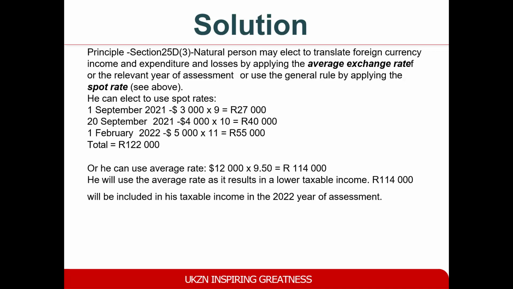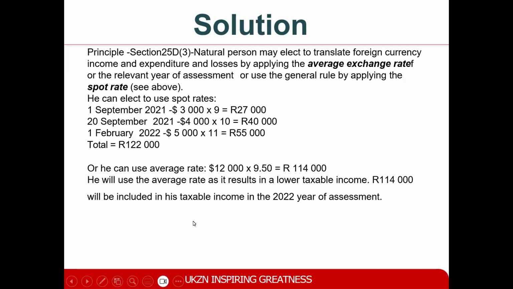So guys, this is very important because there is a choice for a natural person or non-trading trust, and this choice may result in less tax, yes. So it means now it's easy to have a question.